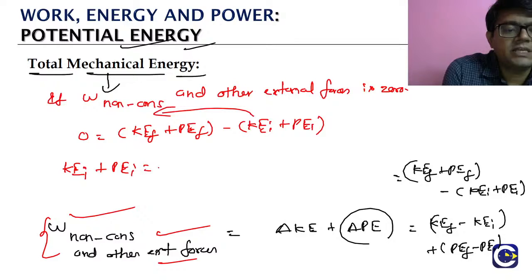K initial plus P initial is equal to K final plus P final.